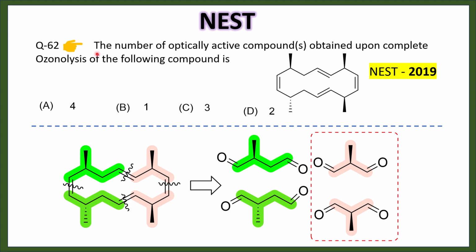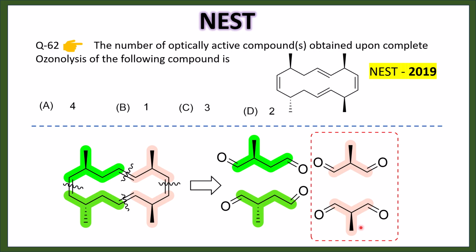Now question number 62. What is the number of optically active compounds obtained upon complete ozonolysis of the following compound? Let's do ozonolysis of this compound. Carbon-carbon double bond cleavage happens and gives this aldehyde product. Four possible products form as there are four cleavages: this one, this one, this one, and this one.